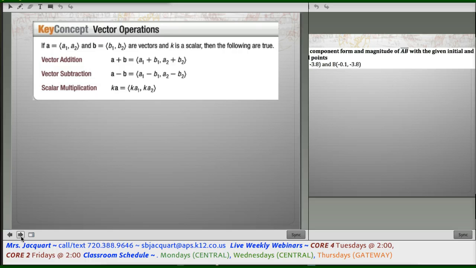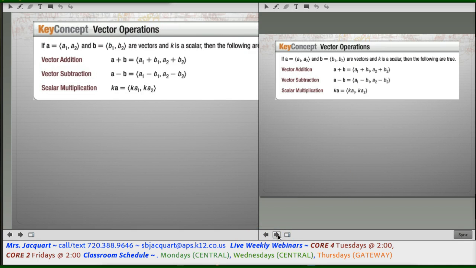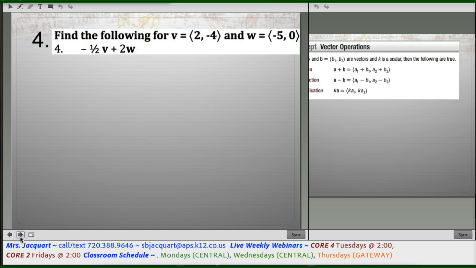Okay, so let's look at this. This is adding, subtracting, and doing scalar multiplication on vectors. So if you need the notes, go ahead, pause, and take them. Otherwise, we're going to process through them. This is how I work this problem because I like to work it this way. I'm going to do negative 1/2 of b, which is going to be negative 1 and positive 2.